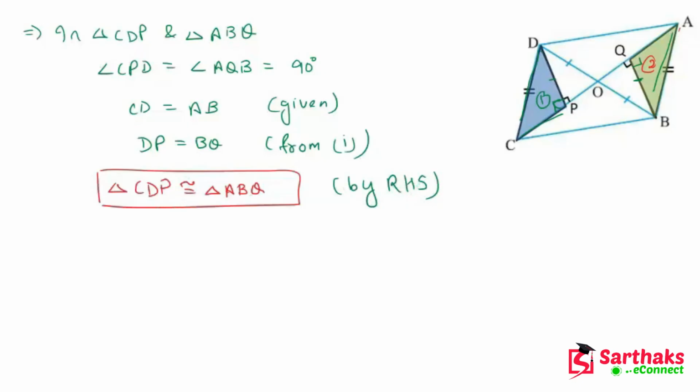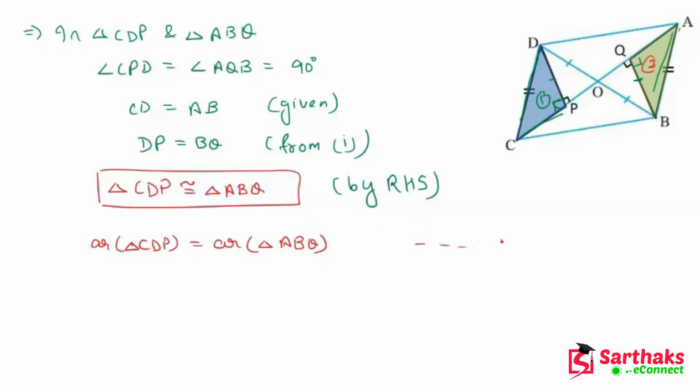So the area of triangle CDP is equal to the area of triangle ABQ. I hope you get this point, because the areas of congruent triangles are equal.